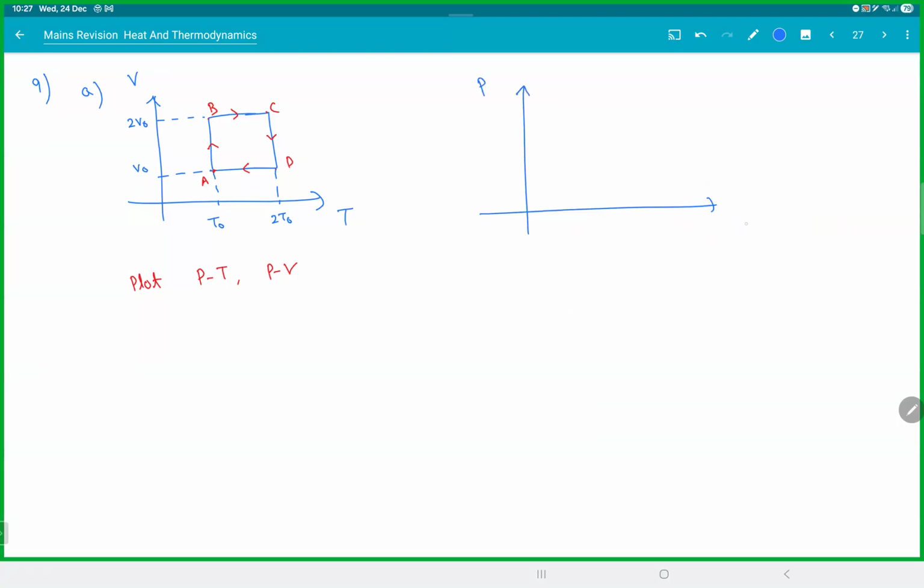So when you draw a PT graph, BC and CD will look straight only. BC and CD.